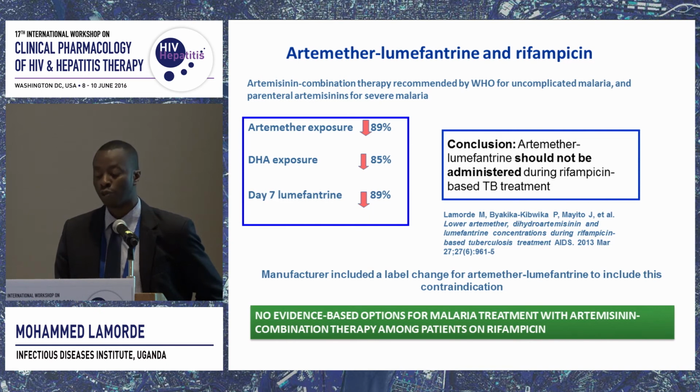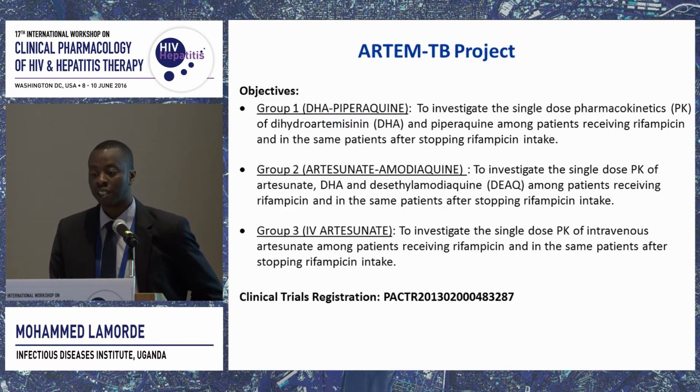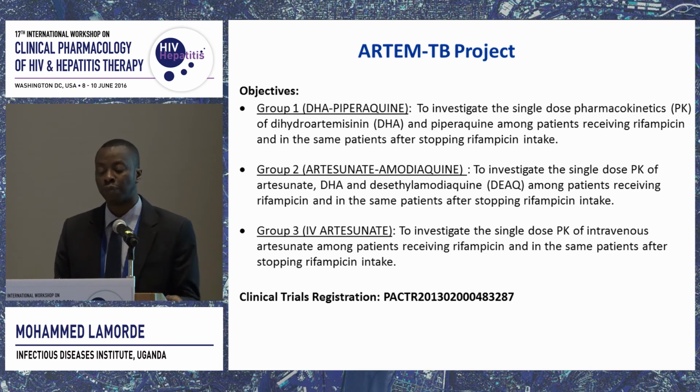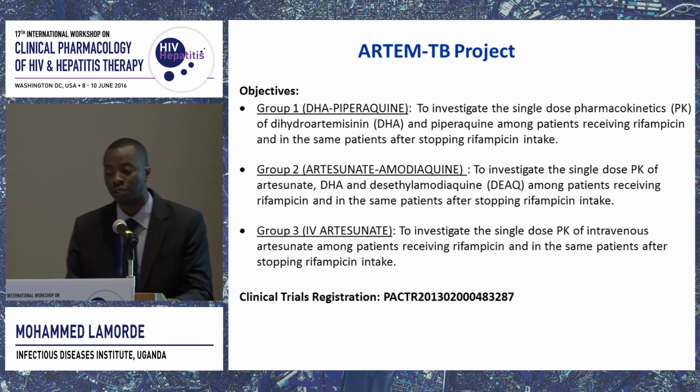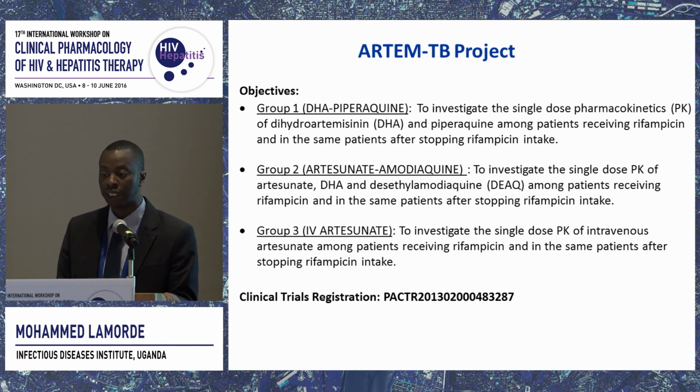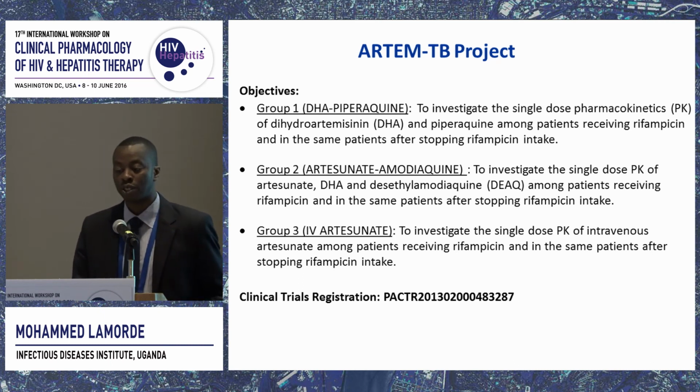We were able to get a grant from the EDCTP, which is a partnership between European and developing countries to improve clinical trial capacity. And we're currently analyzing data for these three studies, looking at dihydroartemisinin-piperaquine, artesunate-amodiaquine, and IV artesunate.